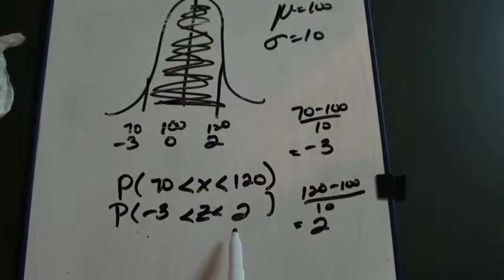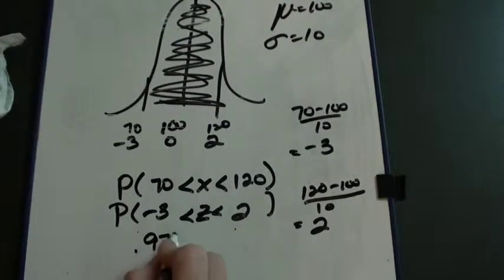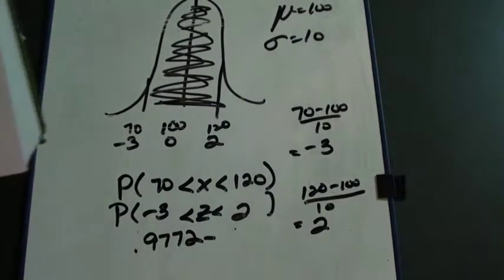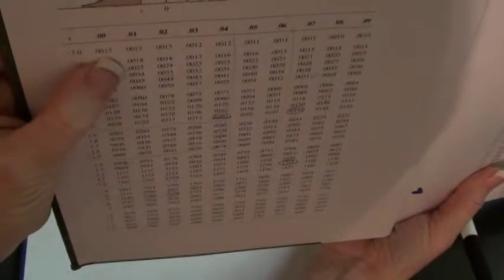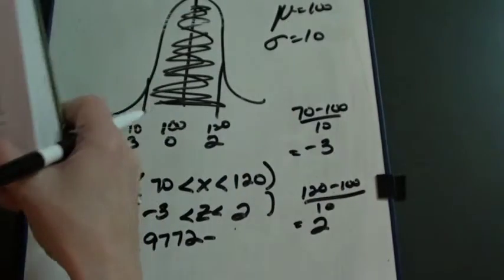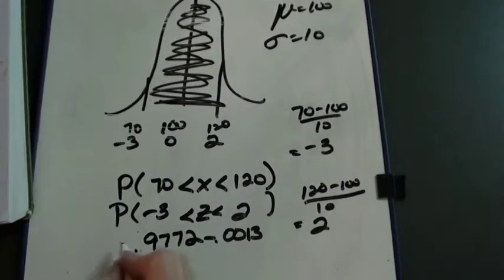First we'll find it for positive 2. 2.0 right here is 0.9772. And then we have to subtract out negative 3, which is over here on the other page, way at the very top. Negative 3.0 is 0.0013. And then we just need to do a little math here.